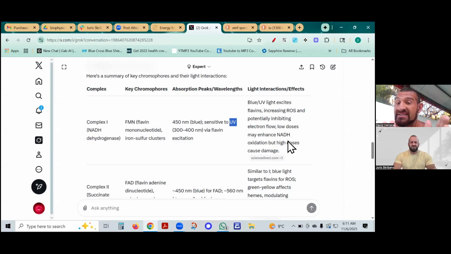So ROS is reflecting how efficient complex 1 is, right? Lots of ROS, very inefficient complex 1, lots of radiation, let's just call it that, right? Lots of heat loss, lots of energy loss. But in the body, that would kill things. That would kill your mitochondria. That would kill your cell. So it doesn't let it just become heat and chaos.